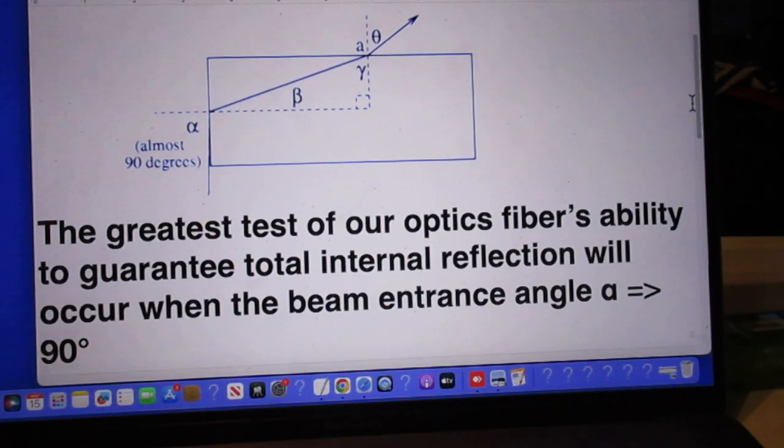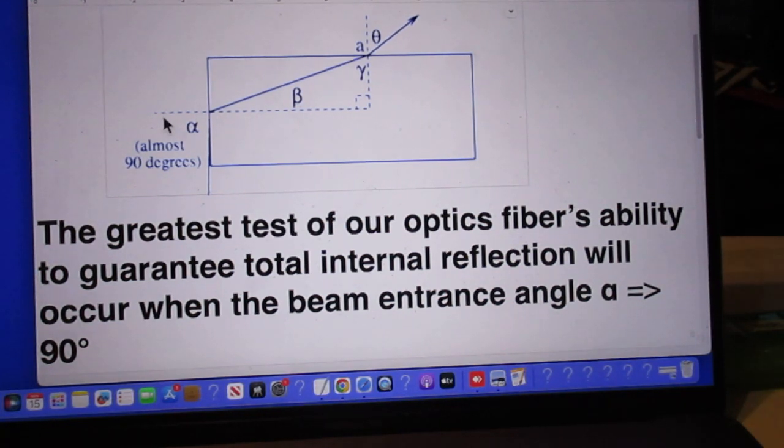Okay, look at this picture. The greatest test of our optics fiber's ability to guarantee total internal reflection will occur when the beam entrance angle alpha goes to 90 degrees. So this angle here is not 90, because then the light would go straight through and some would be reflected.